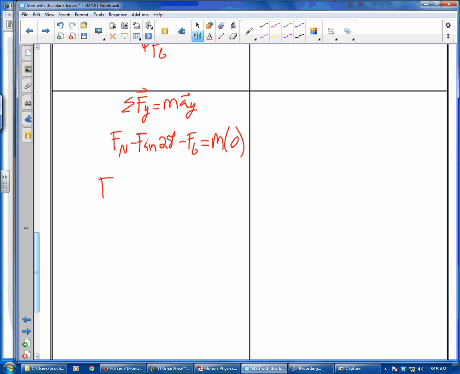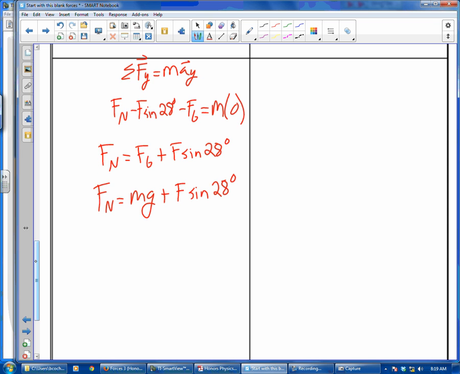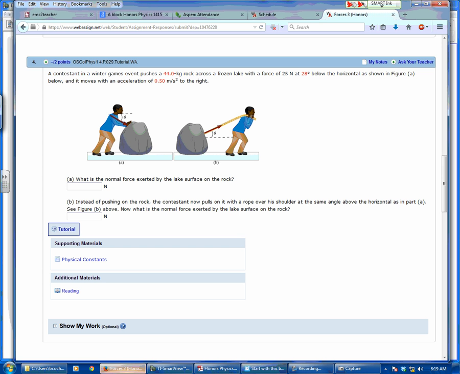Force normal is what I want again. Equals FG plus F sine 28 degrees. Put in what I know. Let's see. They tell me the mass is 44 kilograms.